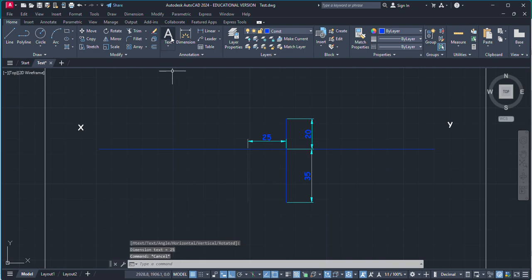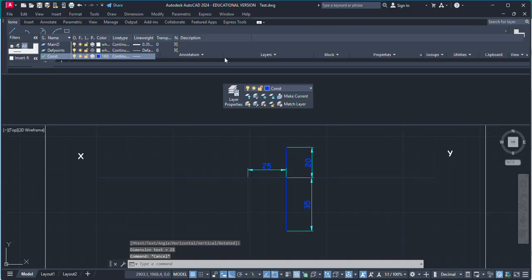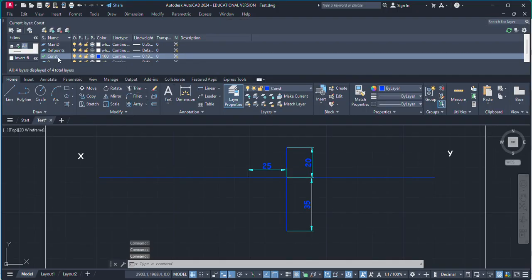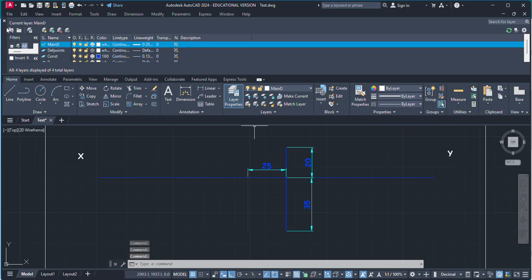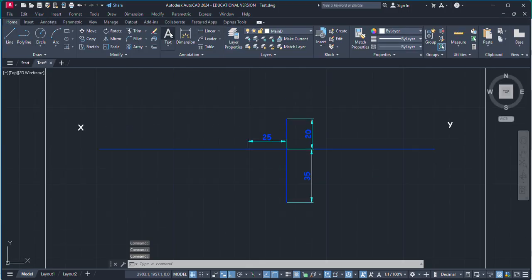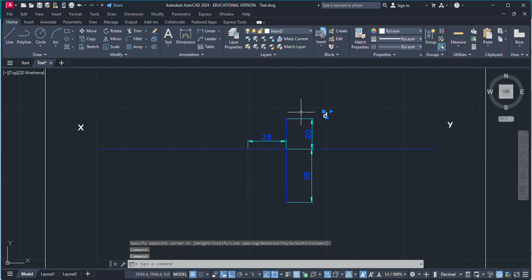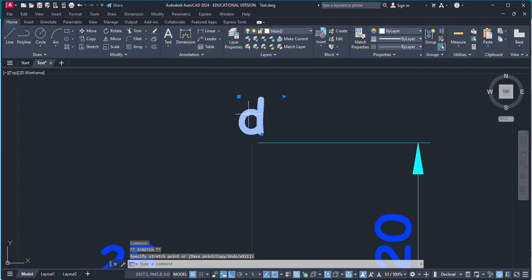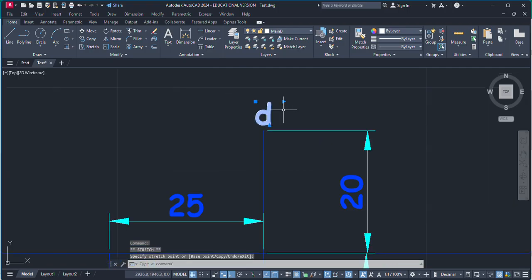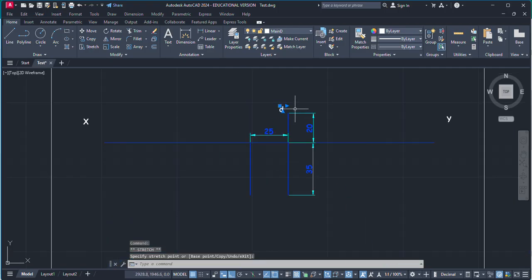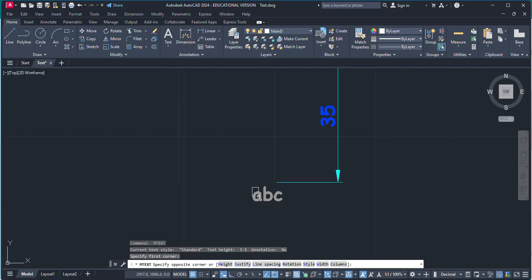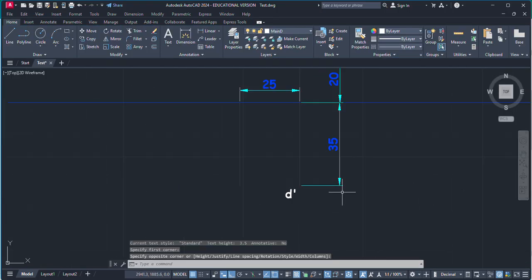Now you can name these things. This one is our top view, D, and this one is D dash front view.